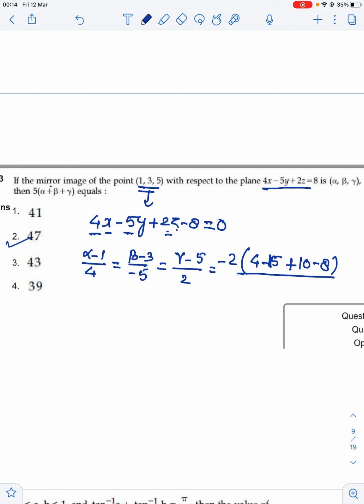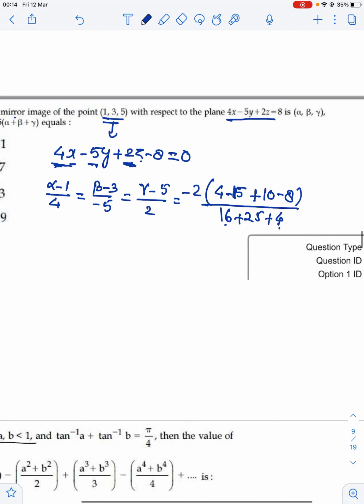So a square plus b square plus c square gives you 16 plus 25 plus 4, so this is 20 and 25, 45. So the numerator becomes plus 4 minus 15 plus 10 minus 8, which is minus 9.